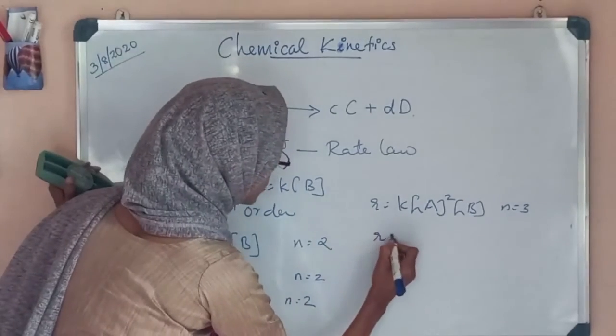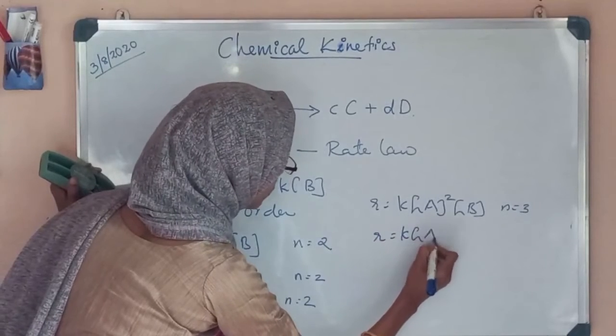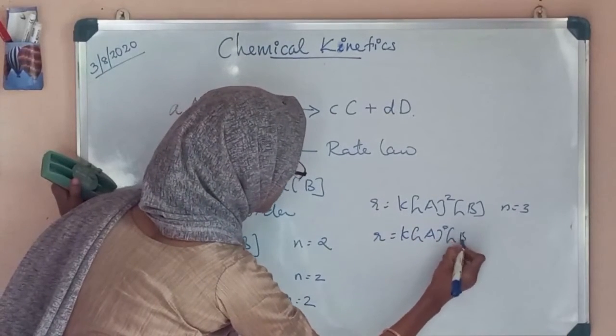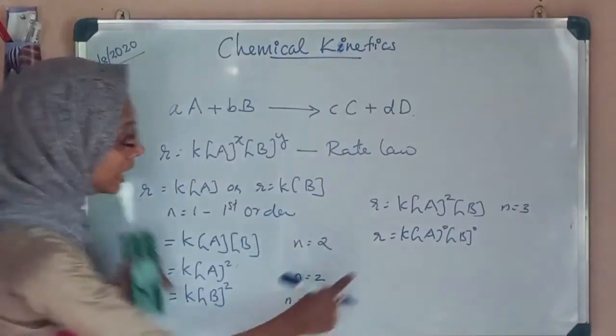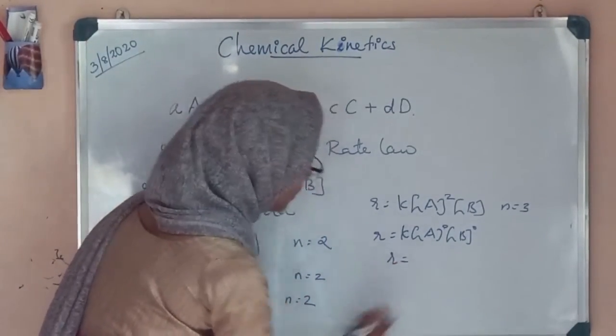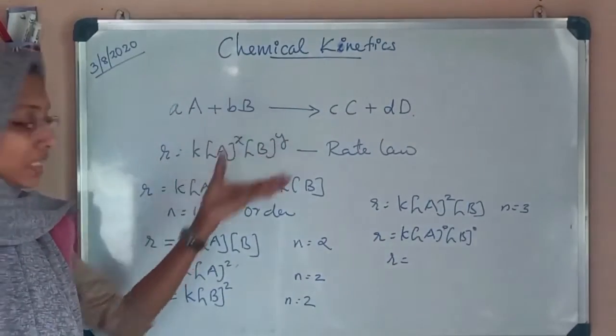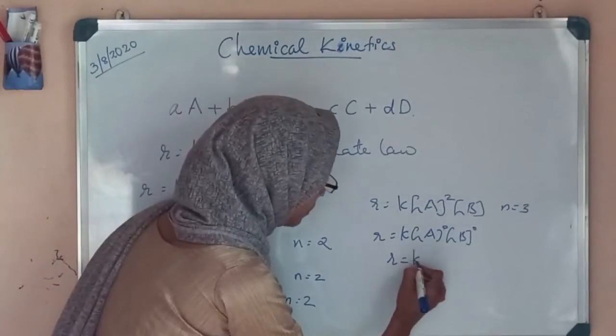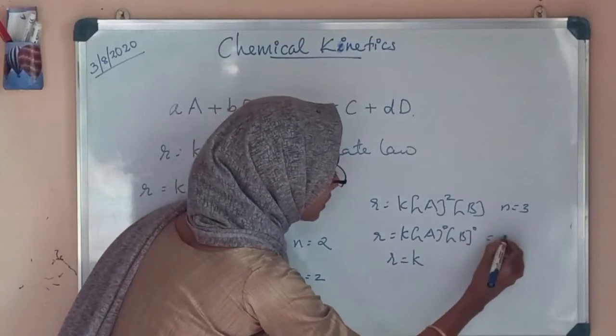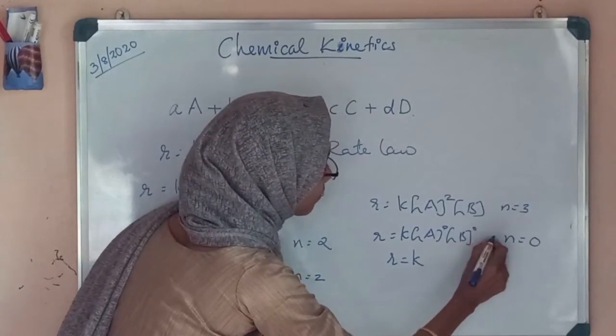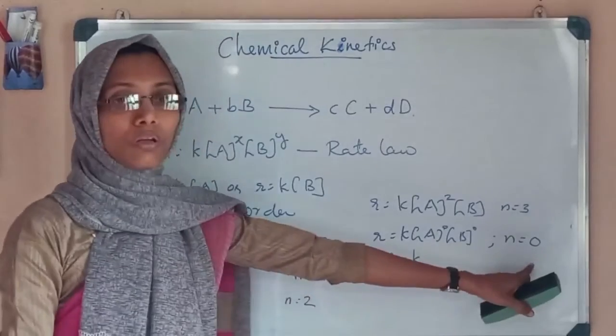Suppose for a reaction r is equal to k into [A]⁰ and [B]⁰. That means the rate of the reaction does not depend on the concentration of either reactant. So r is equal to k, and the order of the reaction n is equal to 0. So it is known as a zero order reaction.